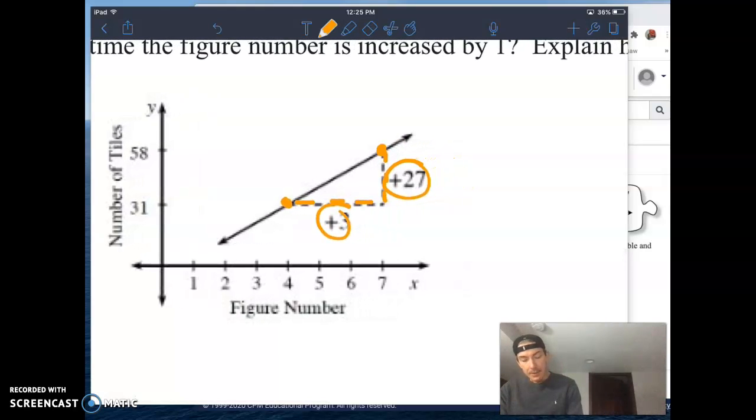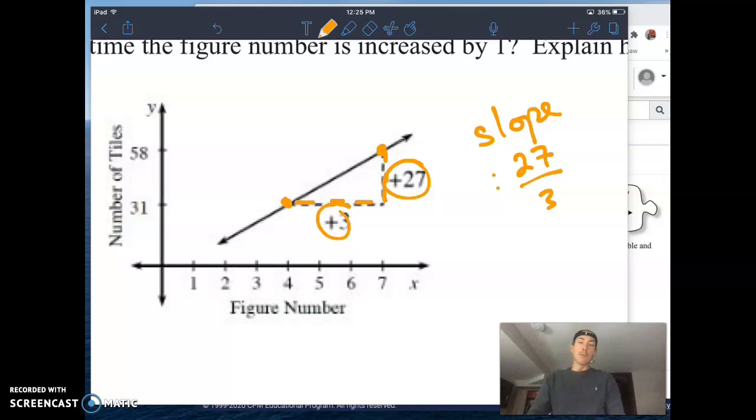Now, the slope in this particular case, we could identify as 27 over 3. And if you left your slope that way, it'd be fine. For every 3 you go over, you go up 27, or for every 27 you go up, you go over 3.